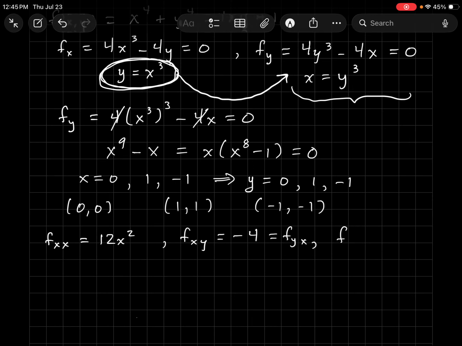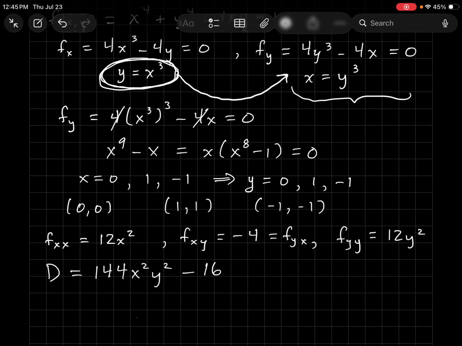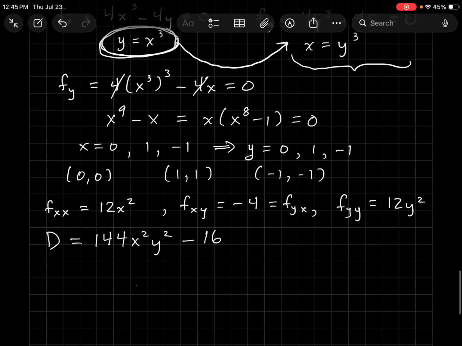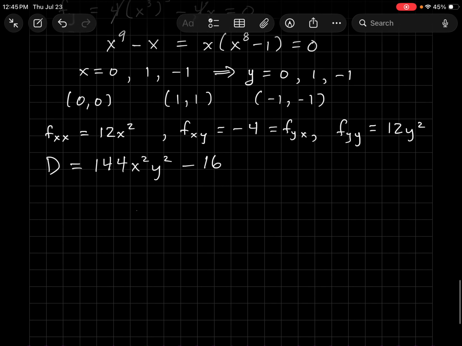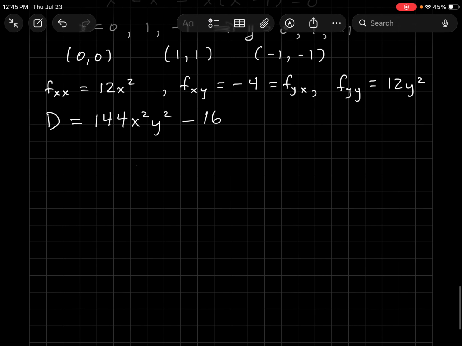And then f_yy is going to be 12y squared, which gives us D is going to be 144x squared y squared minus 16. So for the first example, we didn't have any x's or y's left over, so we didn't need to do any extra work, but here we need to do a little bit more work. And we're going to plug in each of these points.